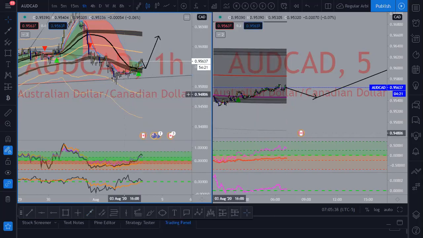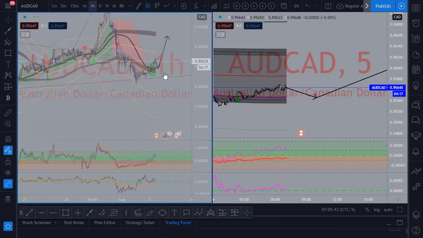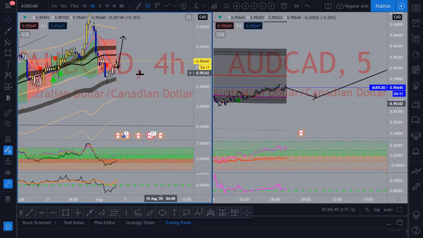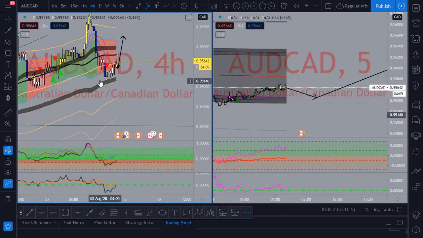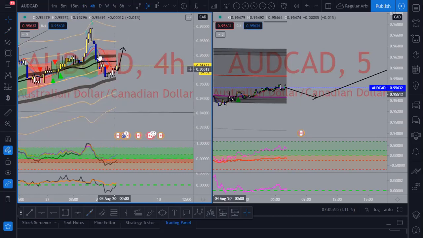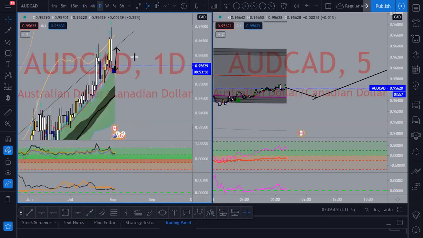But I do like the buys on AUDCAD for the 1 hour time frame. Let me look at the 4 hour real quick. I'm not necessarily a fan of the 4 hour. Yeah, I'm not even going to look at the 4 hour. And the daily time frame, it just looks overbought, but I do still kind of see price coming back up here one more time before giving us another rejection.